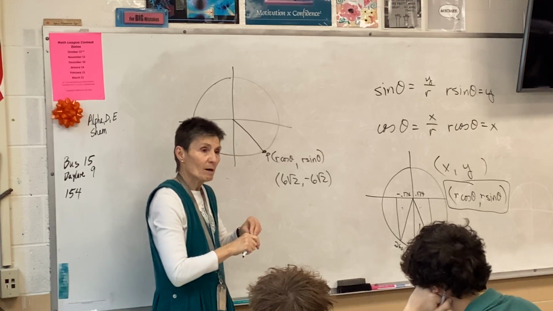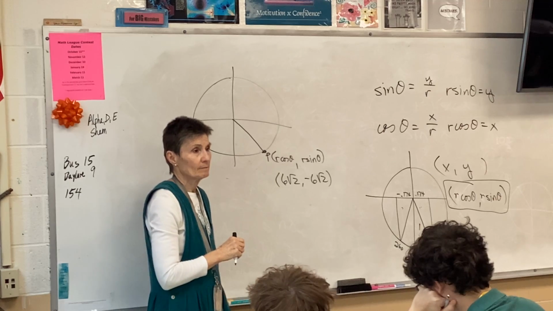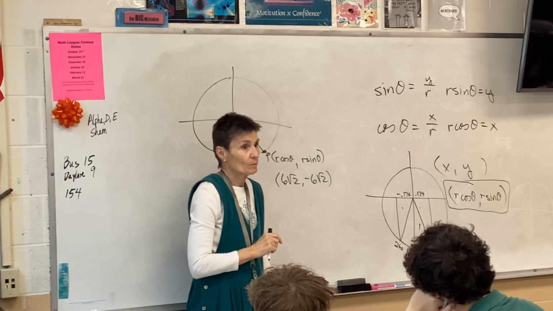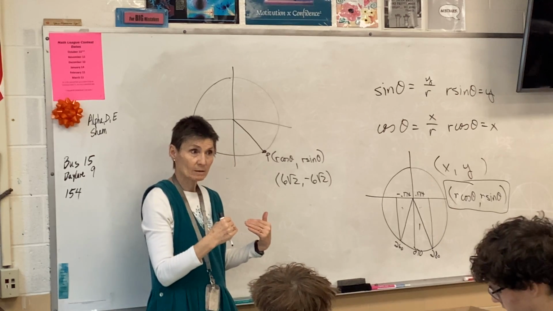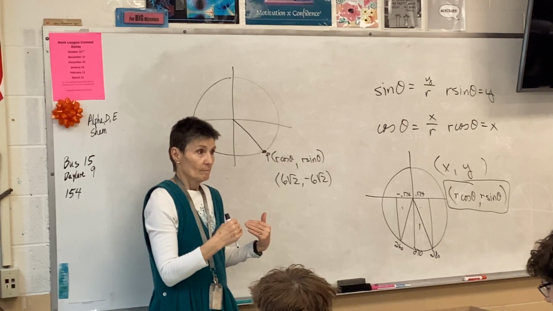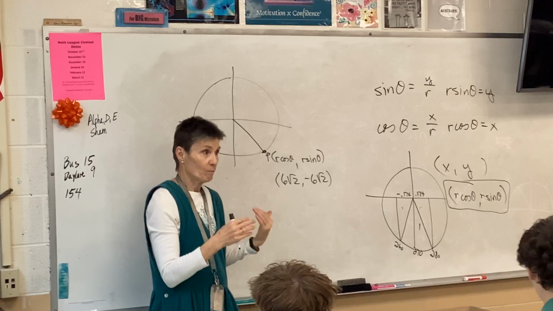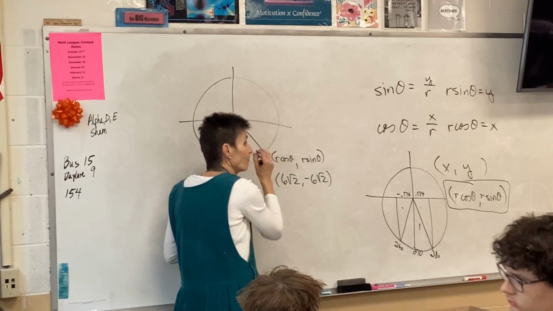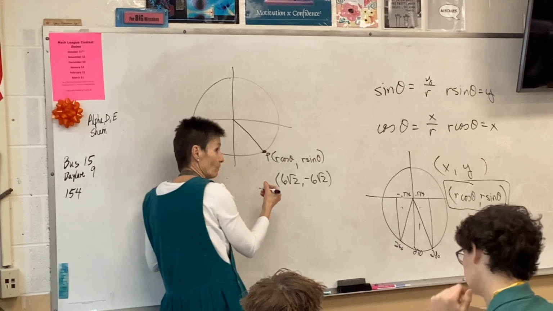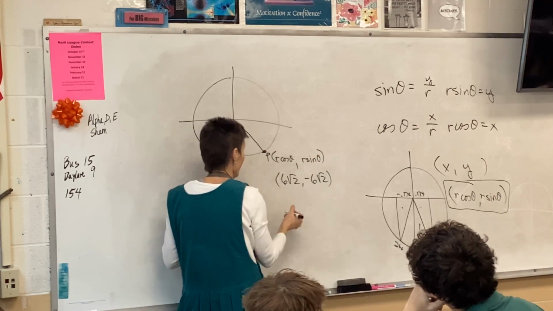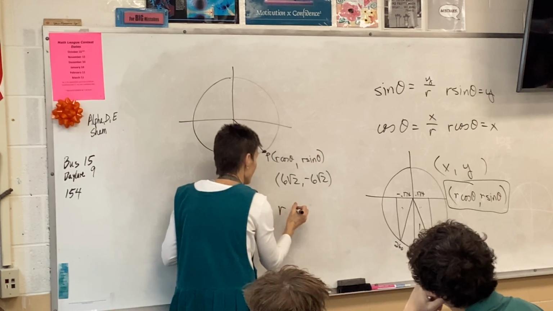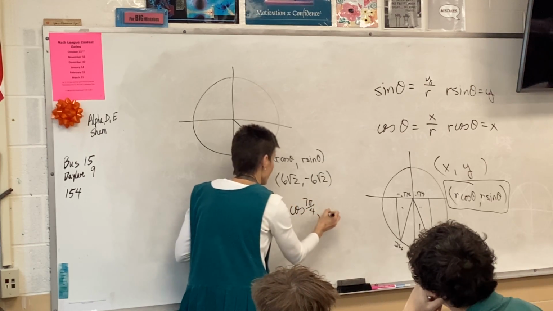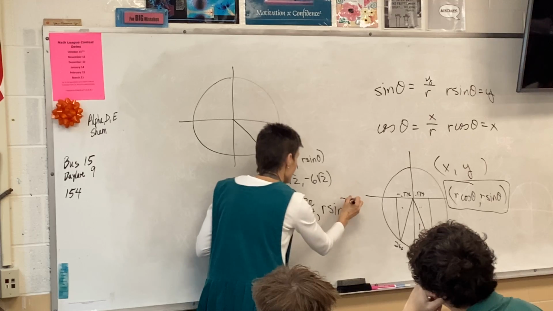Any idea about what theta has to be? The angle is going to be a 45-degree angle, but it's in quadrant 4. So that won't be 45 or pi over 4. That will be what? What is the quadrant 4? 7 pi over 4. So R cosine 7 pi over 4, R sine 7 pi over 4.